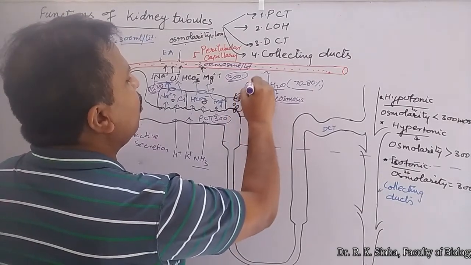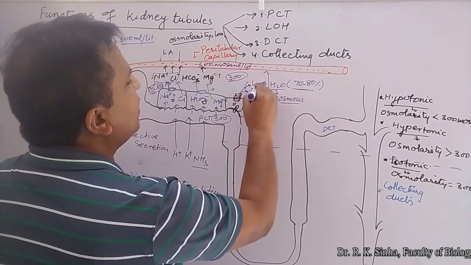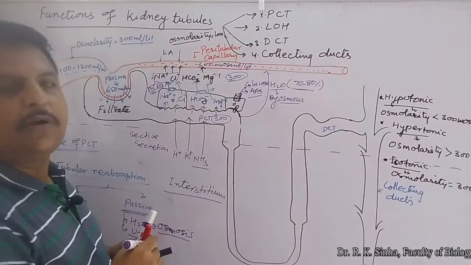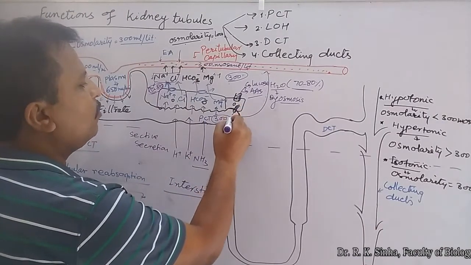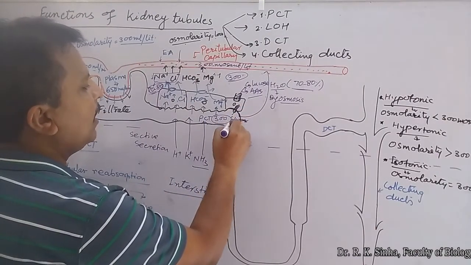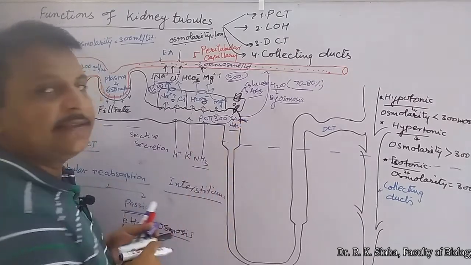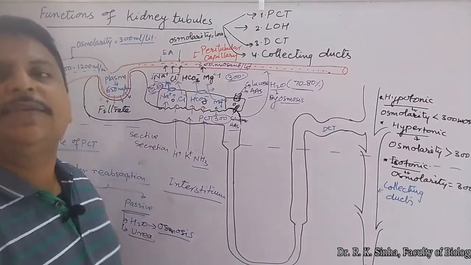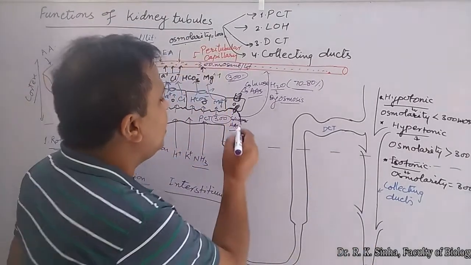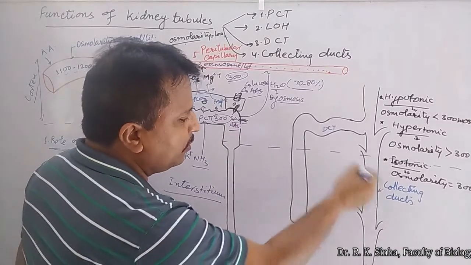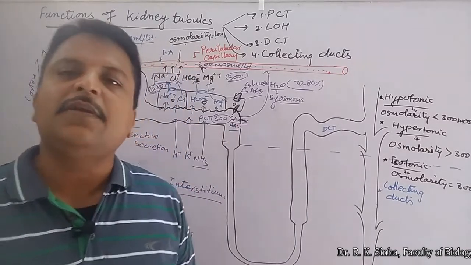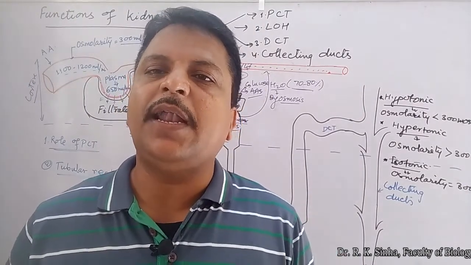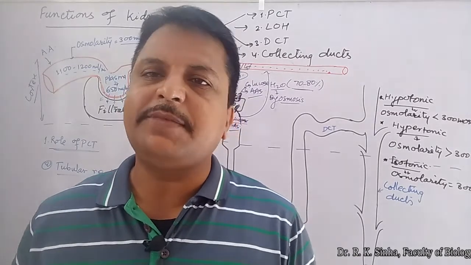Glucose and amino acids will be facilitatedly reabsorbed from this PCT. If glucose and amino acids are present in excess amount and an excess amount of glucose is passing out through the urine, then it is termed glycosuria. That is the condition of glycosuria, and later this can turn into diabetes mellitus.